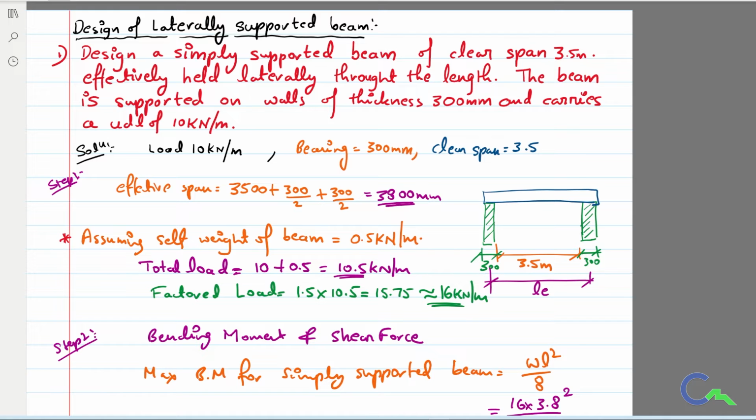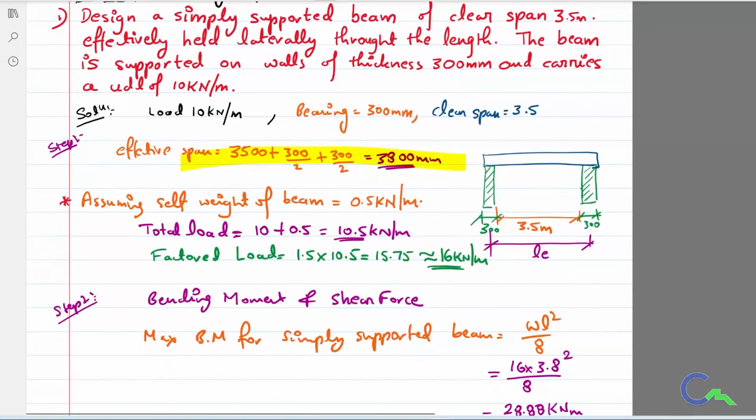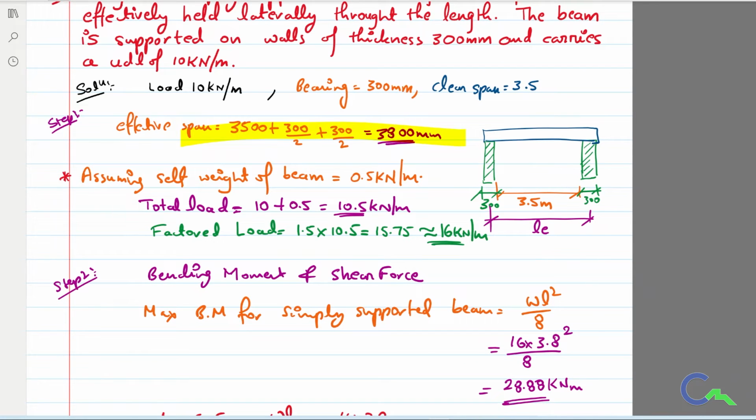First we have to find the effective span. As I already said, if I want to find the effective span, we have to add the bearing. 3500 is the clear span, so I have to add the bearing, so that is 3800 mm. The self weight of the beam is not given.